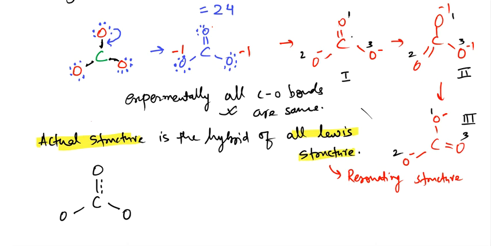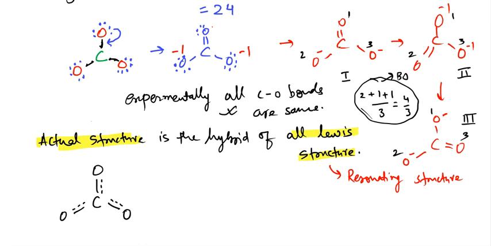If you see the bond order between this carbon and oxygen number 1, it will be 2 plus 1 plus 1, divided by 3. So the bond order is basically 4 by 3, which is greater than 1 and less than 2. So you will have a partial double bond between carbon and all the oxygens.